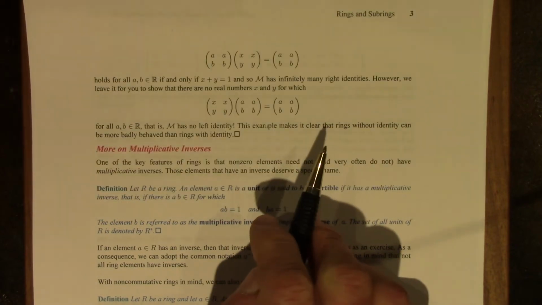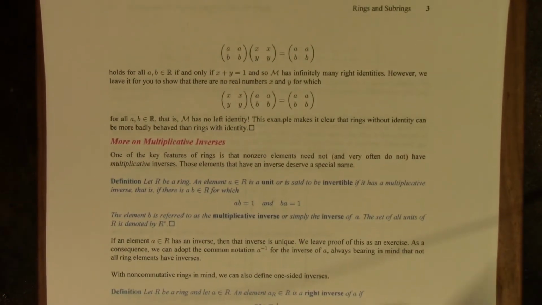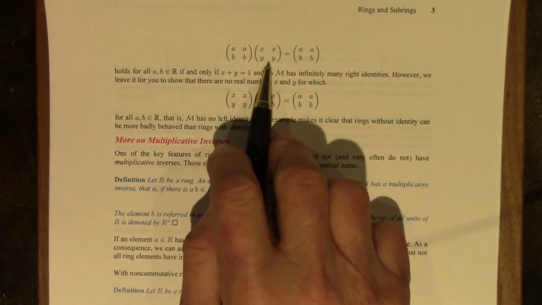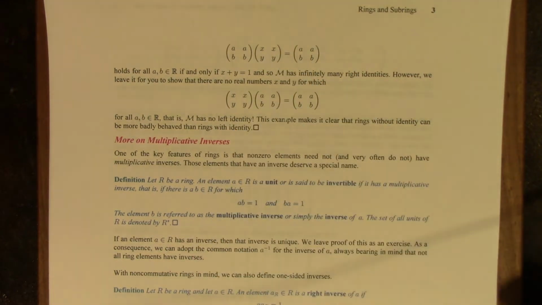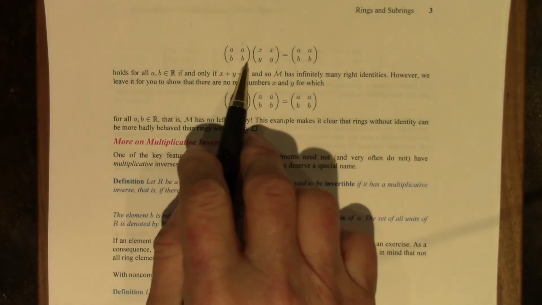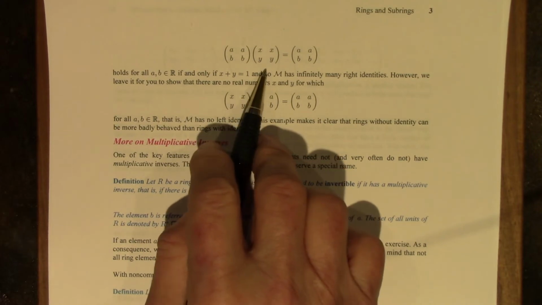Now, the matrix equation given here, [a a; b b] times [x x; y y] equals [a a; b b], will hold for all a and b, in other words, for all matrices of this form, if and only if x plus y equals 1.